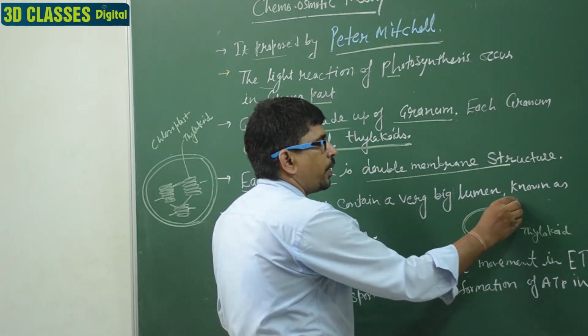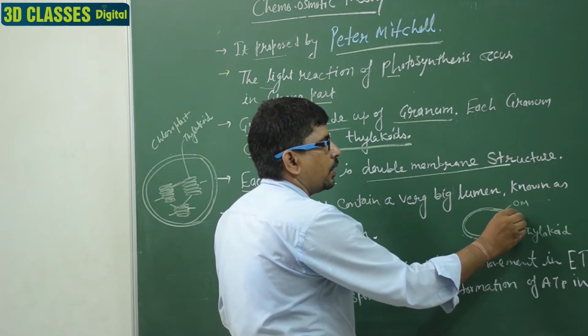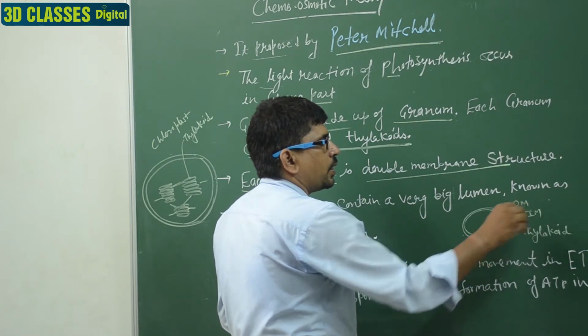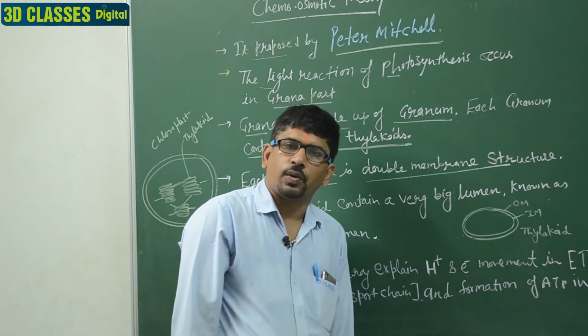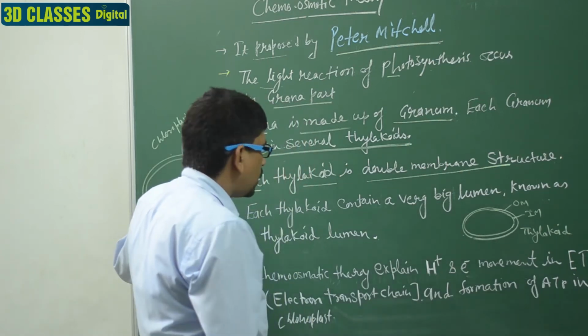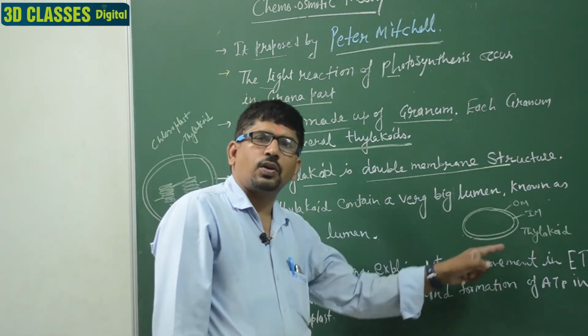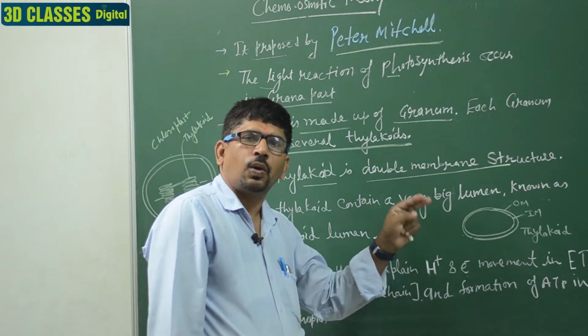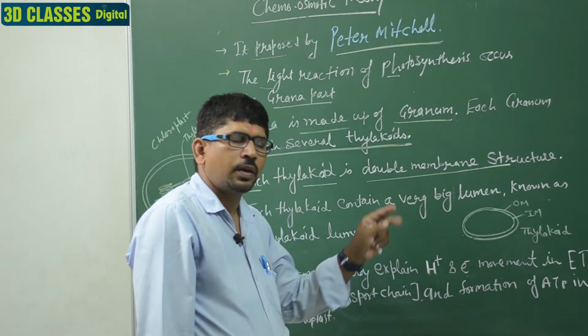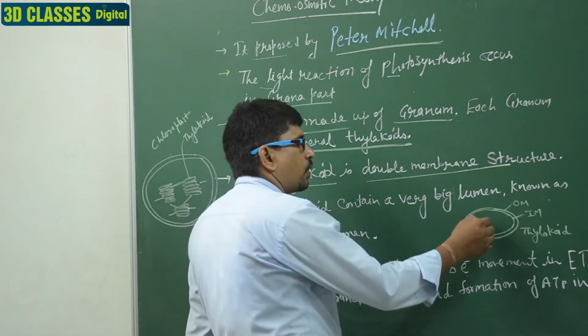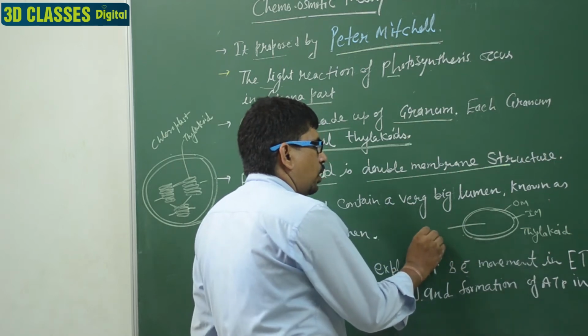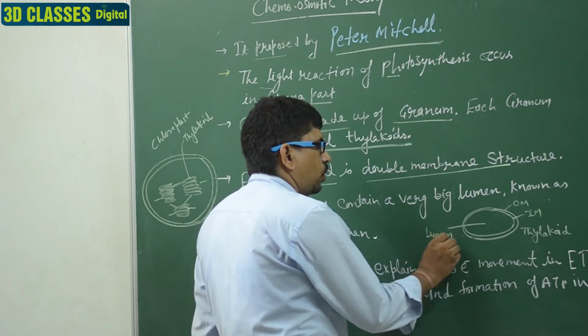This is the outer membrane OM, and IM means inner membrane. So each thylakoid contains two membranes, outer membrane and inner membrane, and the center part of this thylakoid is known as the lumen.